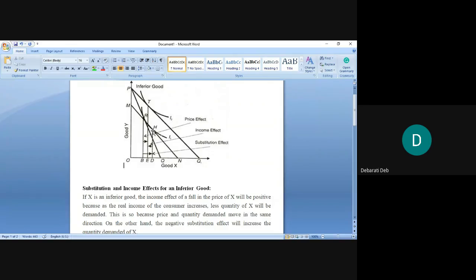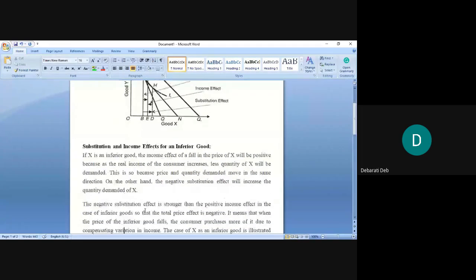So this movement from H to T, this is negative. The movement from H to T is nothing but your income effect. Understood? So the movement from R to T was the price effect, the movement from R to H is the substitution effect, and the movement back from H to T is the income effect in case of an inferior good.